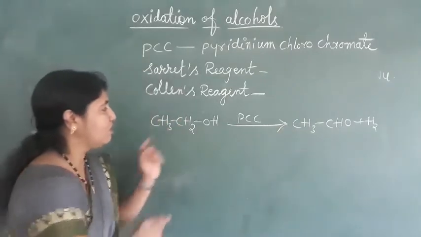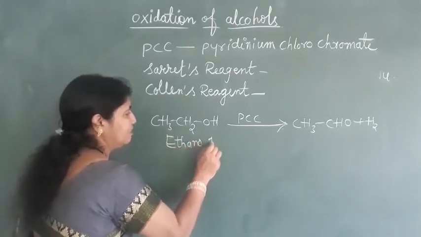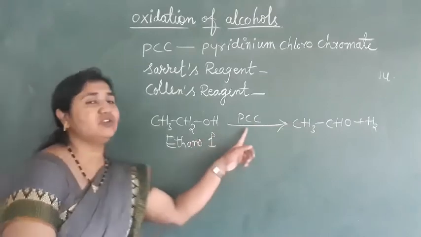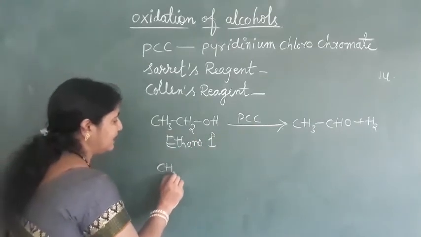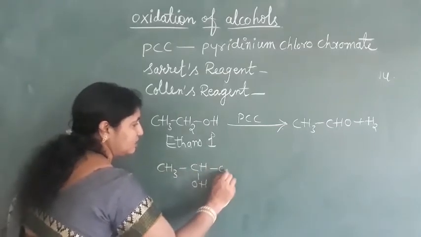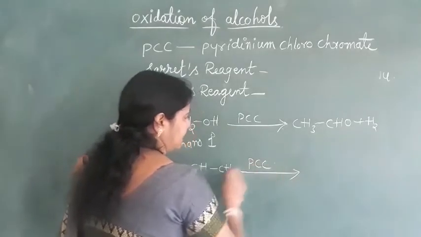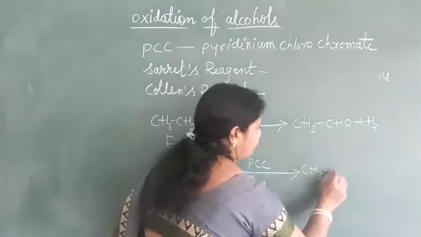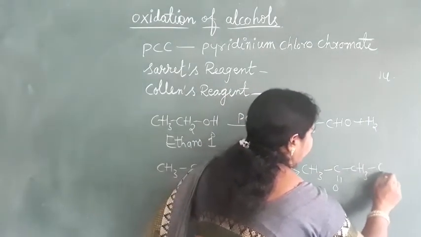This is a primary alcohol, ethanol. So primary alcohol gives aldehyde in the presence of a mild oxidizing agent. And for secondary alcohol, in the presence of this PCC, it will convert into ketone.